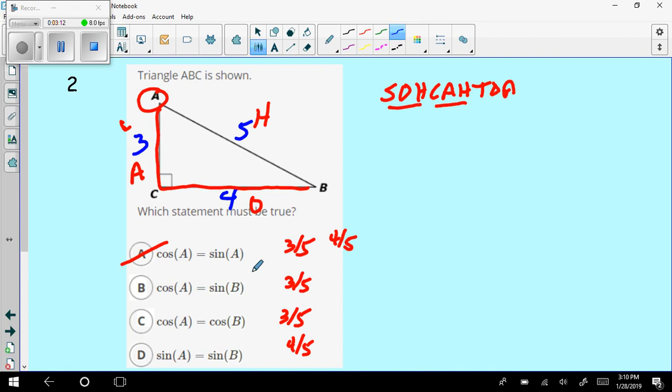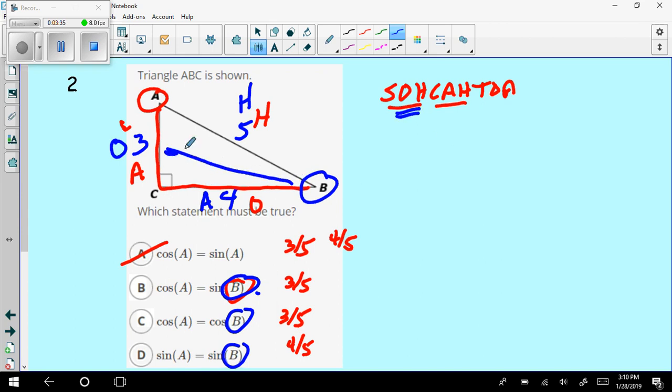For the other side, we have B as our point of reference. So let's look at the triangle in terms of B. 5 would still be the hypotenuse, but now the 3 is opposite and the 4 is adjacent. So sine of B would be opposite over hypotenuse, so opposite B is 3.